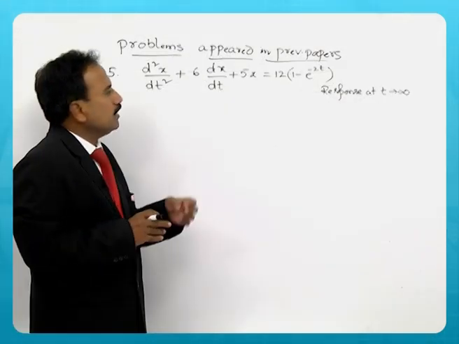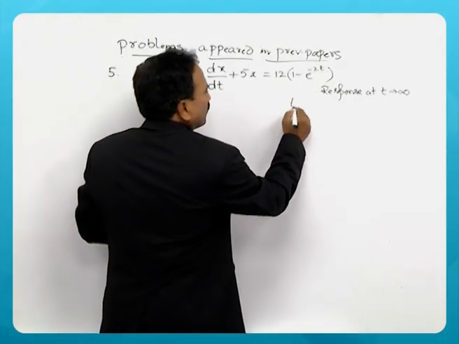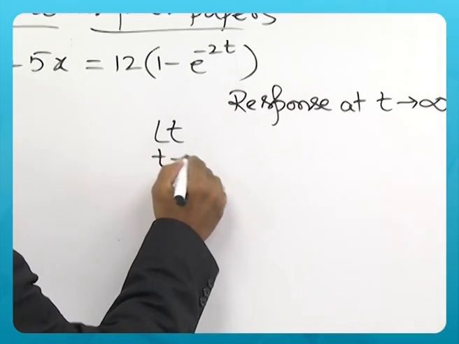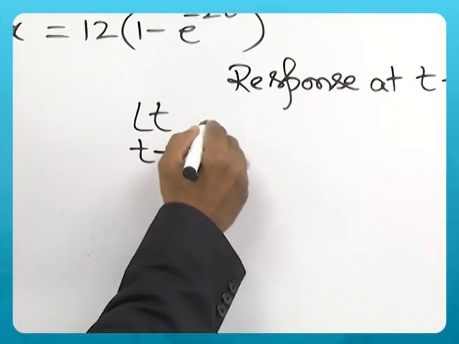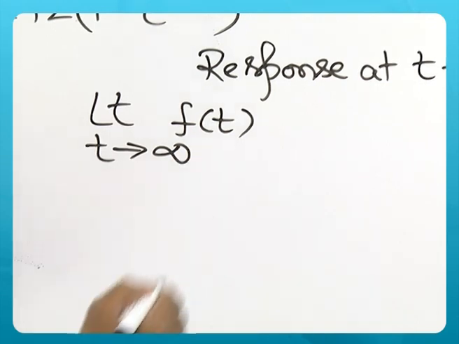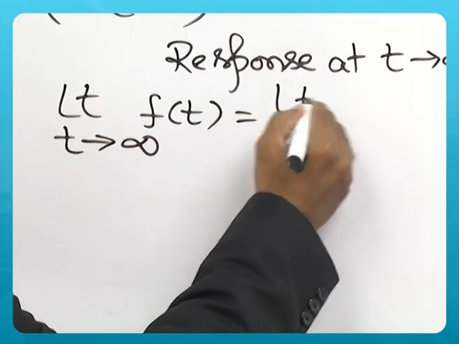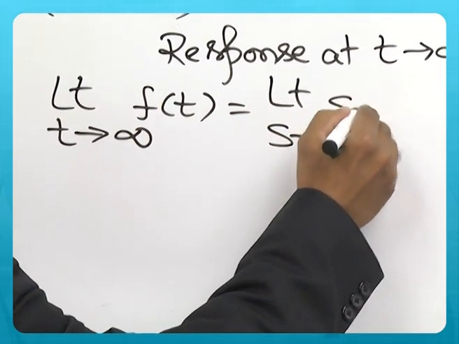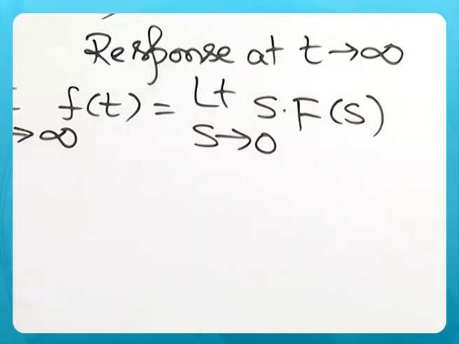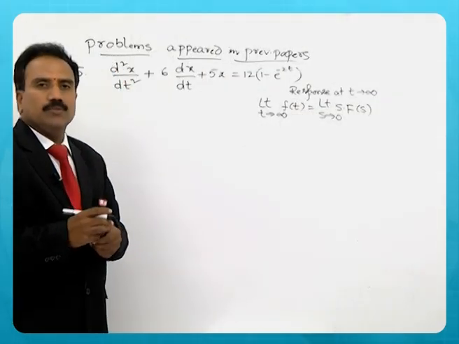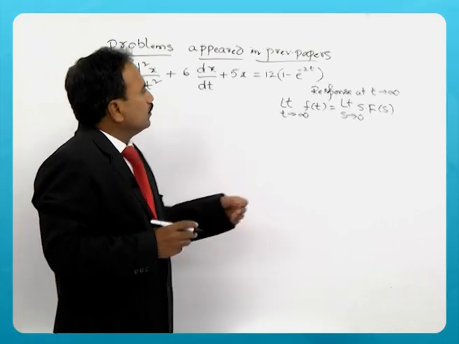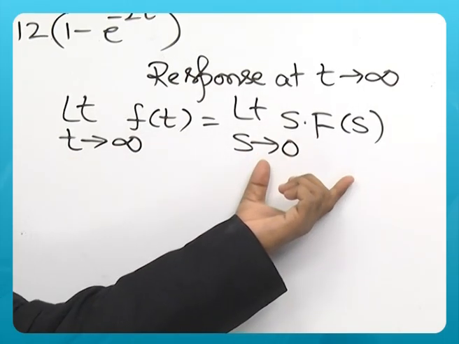According to the final value theorem, limit t tending to infinity f of t is equal to limit s tending to 0 of s times F of s. This is according to the final value theorem. So, you can use either this or this.